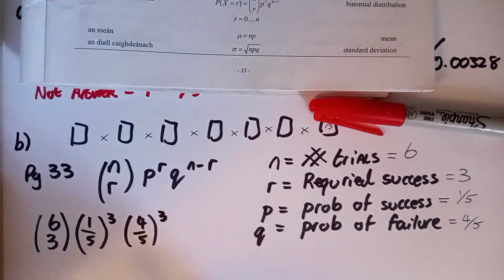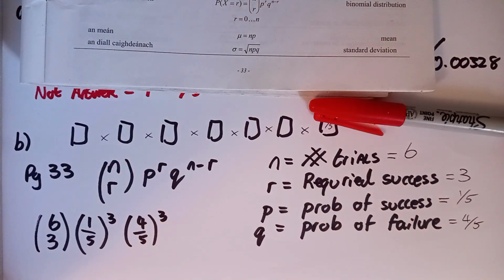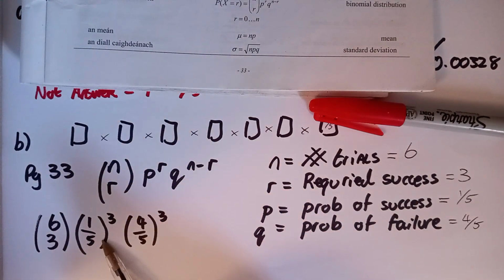If you look at the formula, it should help you understand it even further, because this represents the total number of times the phone is not answered, which has to be 3 out of the 6 situations. This represents the total number of times that the phone is answered. Well, if 3 of these are not answered, 3 of them are answered.